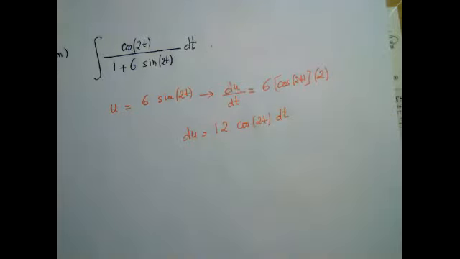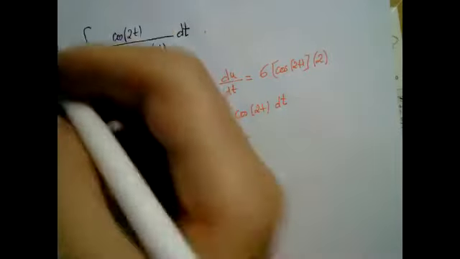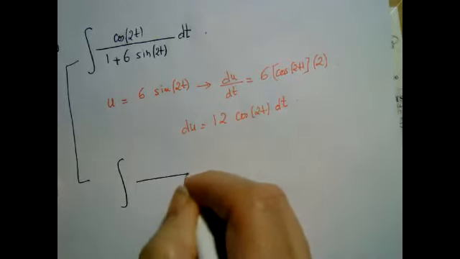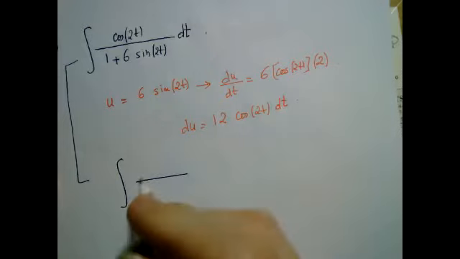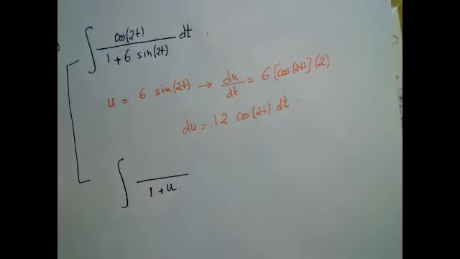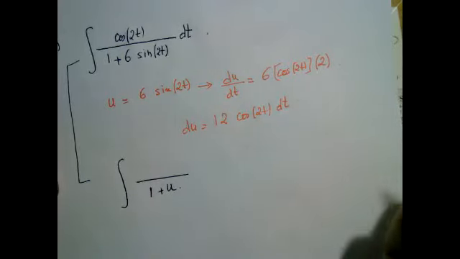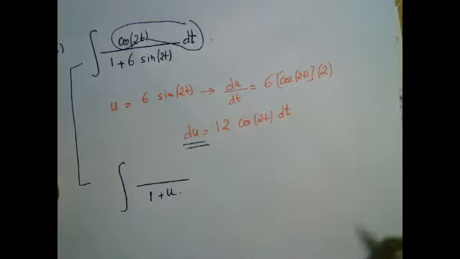Okay, very good. So let us substitute, and you have to help me with what you got. What did we get when we substituted? 1 over 1 plus u. And here, what happened in the numerator? And then you need 1/12 too. Right, because the cosine 2t dt is not quite the du.